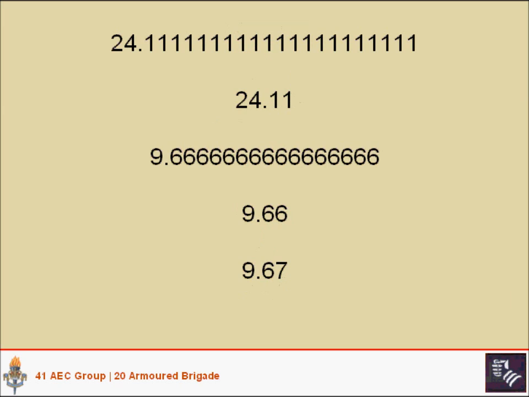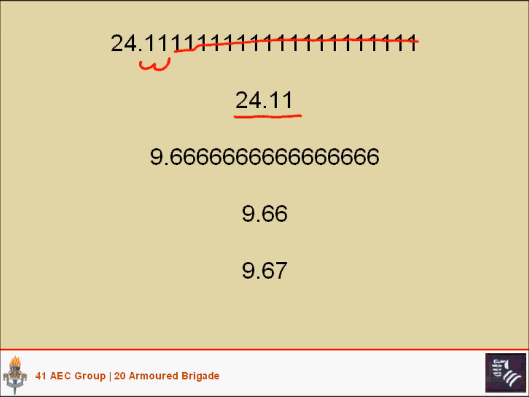Sometimes, when we're working with numbers, we get an answer like this: 24.111 recurring. This answer is too difficult to work with, so we count 2 places after the decimal point and forget the rest. So 24.111 recurring will become 24.11.